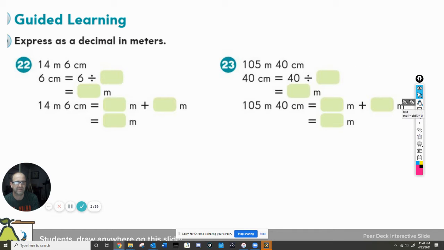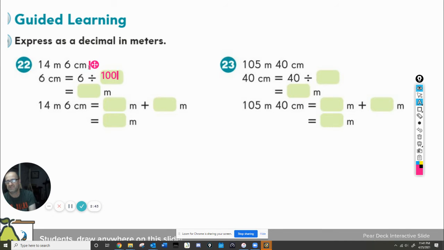Alrighty, let's convert to meters, and we are dividing by 100. 6 divided by 100 is 6 hundredths of a meter. So you got 14 meters plus 6 hundredths of a meter is 14 and 6 hundredths of a meter. 40 divided by 100 is going to be 4 tenths of a meter.